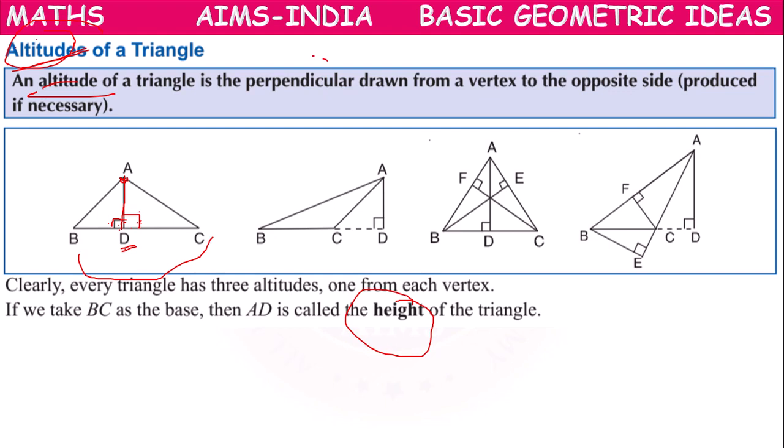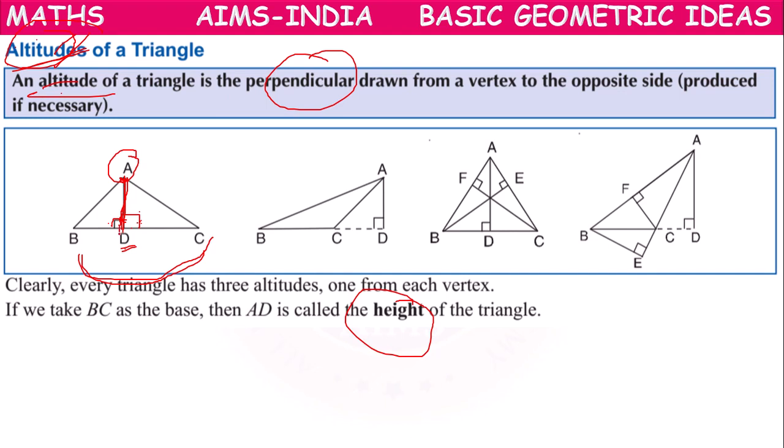Then it is called a perpendicular line, and that perpendicular length is called the altitude of the triangle.